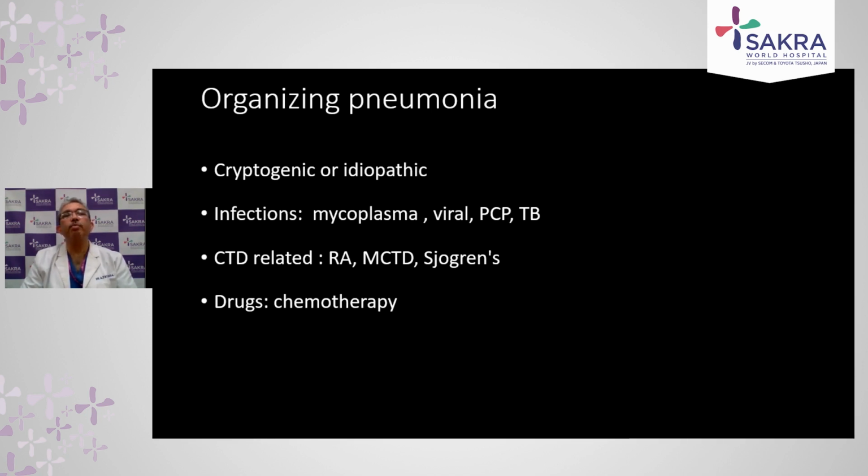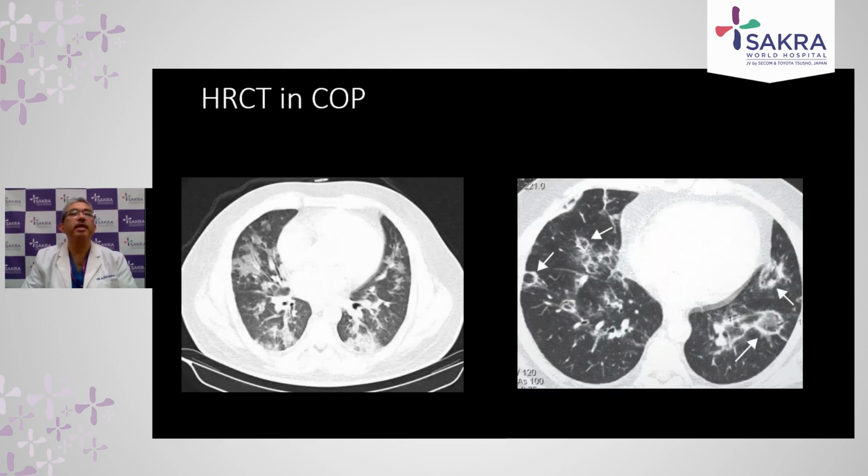So it's very common to find post-viral organizing pneumonia or post-mycoplasma organizing pneumonia, post-pneumocystis organizing pneumonia, Sjogren's syndrome with organizing pneumonia, rheumatoid with organizing pneumonia, and certain drugs with organizing pneumonia. That is not cryptogenic. Cryptogenic is when nothing of these is found, then possibly it is cryptogenic. But again, gratifying is that cryptogenic organizing pneumonia is another entity where there is a good response to corticosteroids.